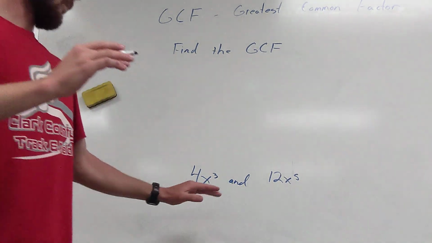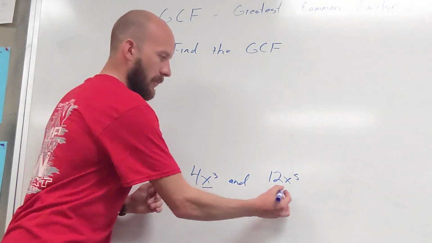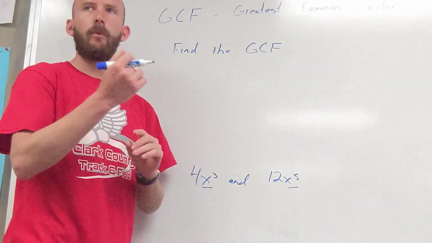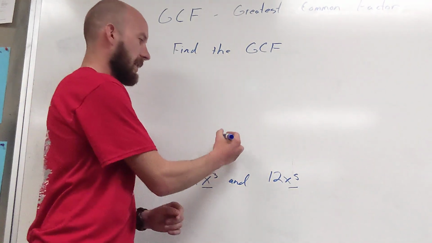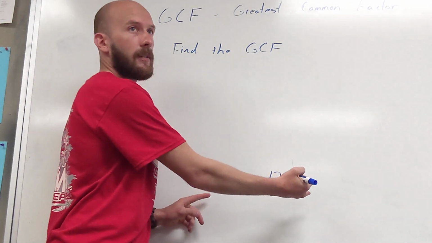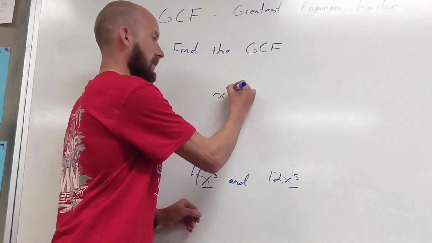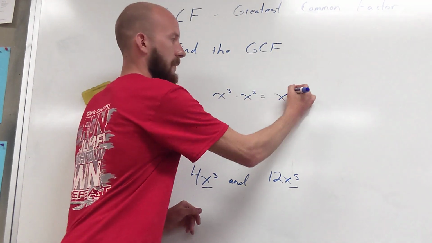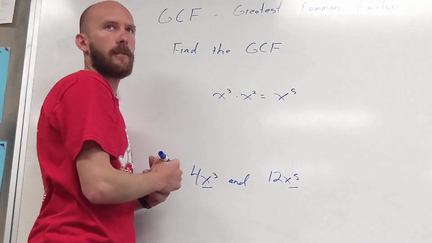Okay, so what I'm saying here with the variables, 3 doesn't go into 5, not by multiplying, but with your exponents, I'm saying that x to the third is a factor of x to the fifth, because I can multiply it by something to get x to the fifth.